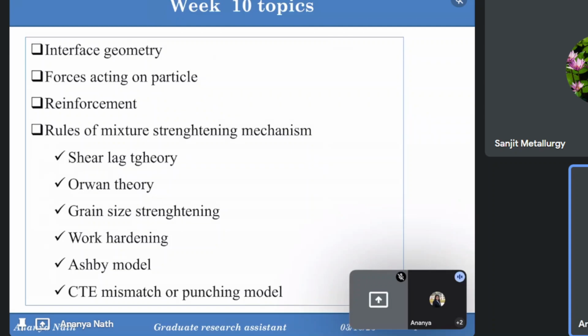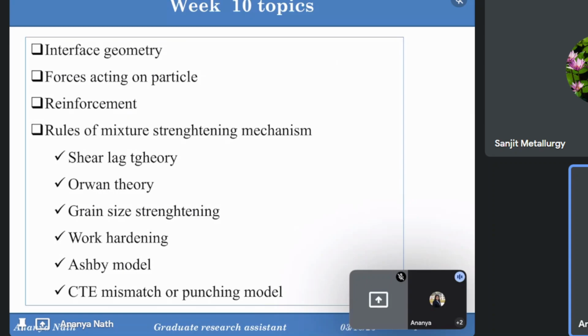Then there are forces acting on the particle. Obviously a particle is sitting there, and the particle is not melted, it's a solidified material. We are processing it in the liquid state, and in the liquid metal there is a solid particle, so obviously various forces will act over the particle. The reinforcement type means the shapes of the particles.